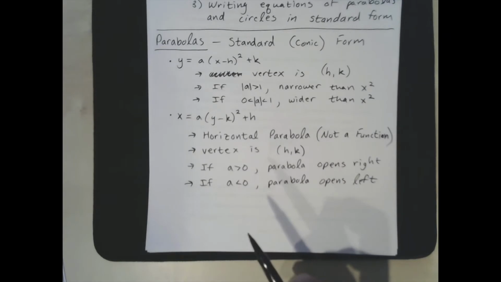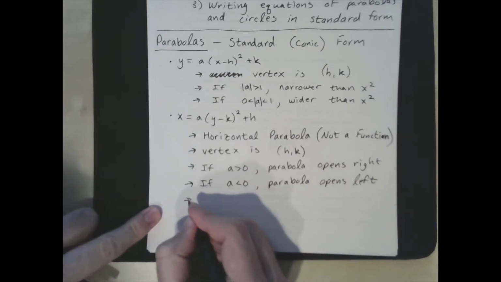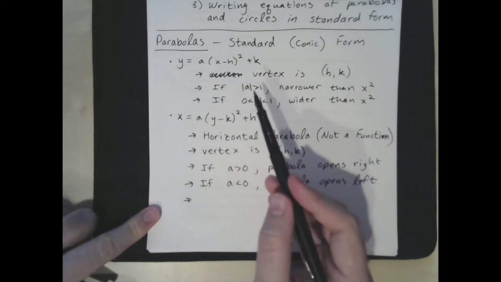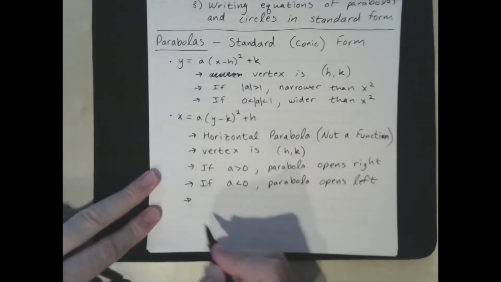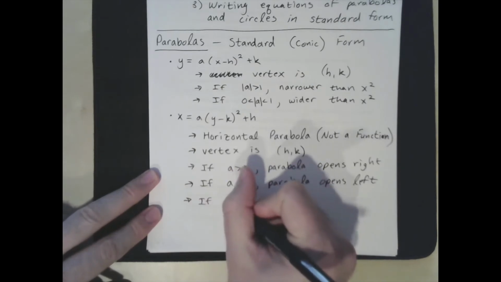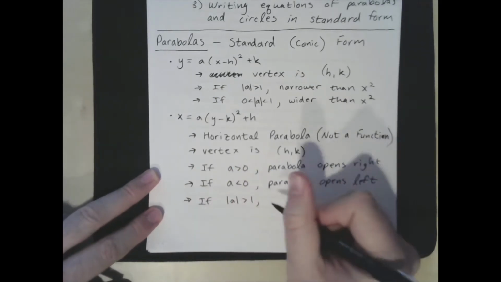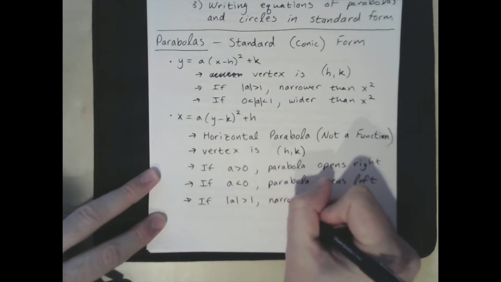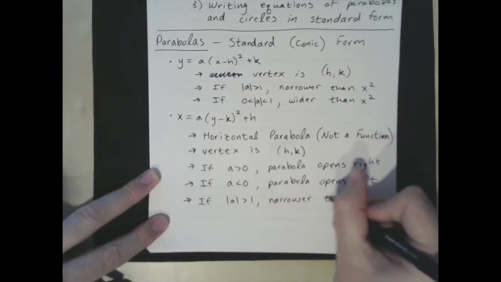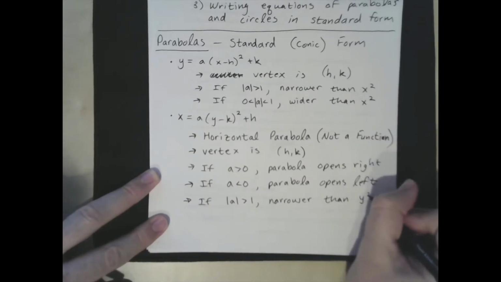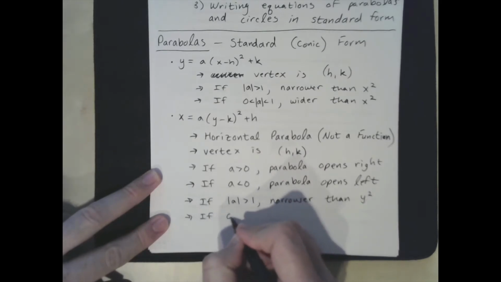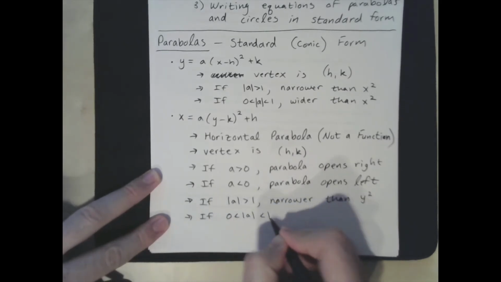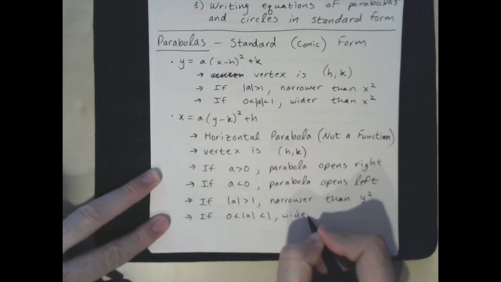Now, there are a couple things to consider that are unique to this. We have these definitions for the wideness or the narrowness of our standard parabola y equals x squared based on a. This changes. If the absolute value of a is greater than 1, it's still narrower, still a skinnier parabola, but it's not narrower than x squared. It's narrower than y squared. And if the absolute value of a is between 0 and 1, it's still a wider parabola, but it's wider than y squared.